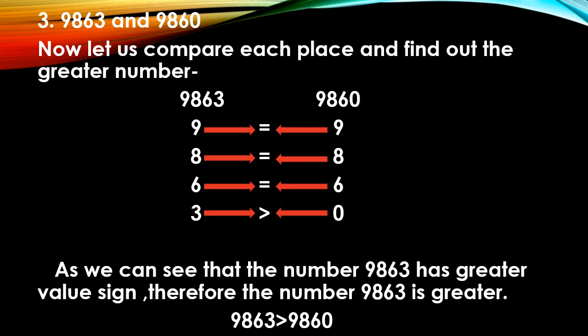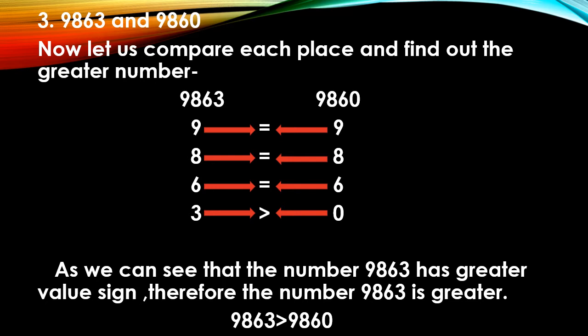Here we see 8 hundreds is also equal to 8 hundreds. Now again, hundreds is same, so we compare tens place. Now we see that 6 tens is equal to 6 tens. As tens place is equal too, now we compare ones place.